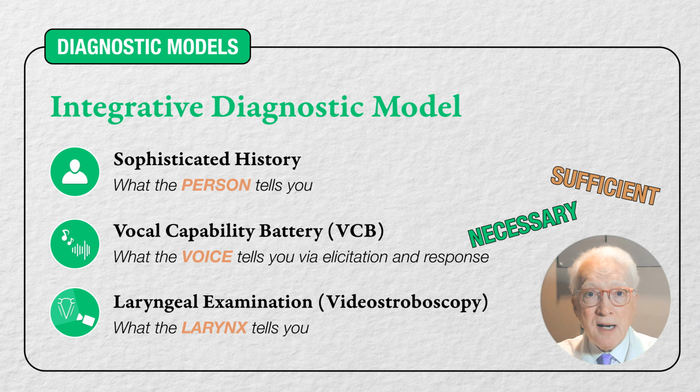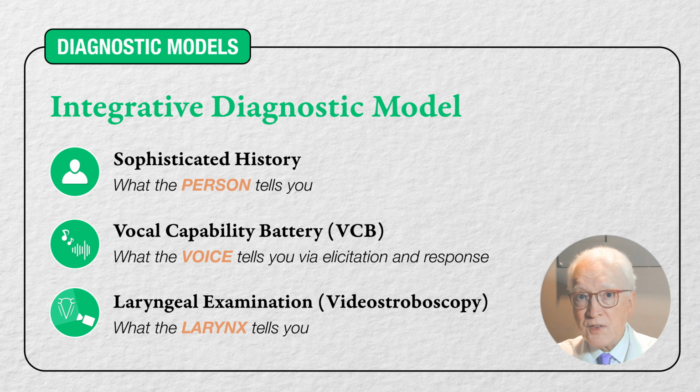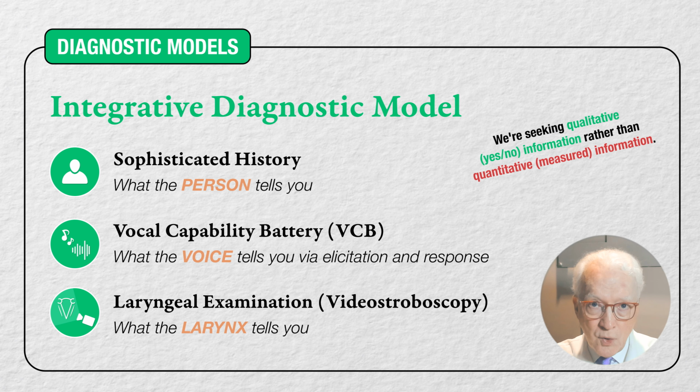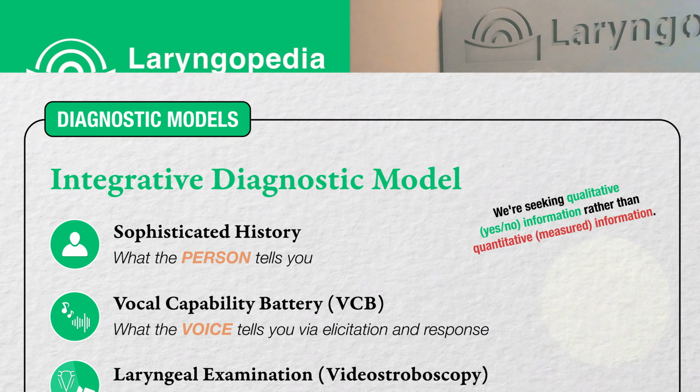That's my way of highlighting our reliance on ourselves, our ears, our voices, our eyes, as the most important diagnostic tools. So we answer critical yes/no questions in the history, yes/no questions in the vocal phenomenology, and yes/no questions in the laryngeal examination. There are no complicated instruments other than videostroboscopy, which is just an extension of our vision. There's no expensive software program or other piece of equipment.